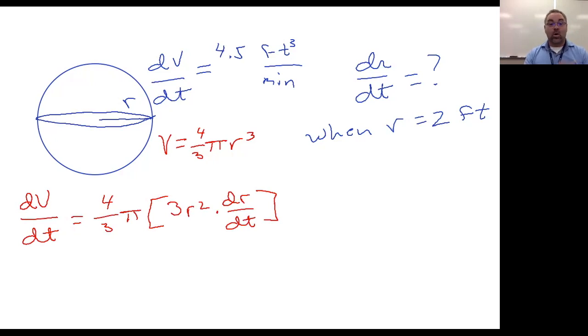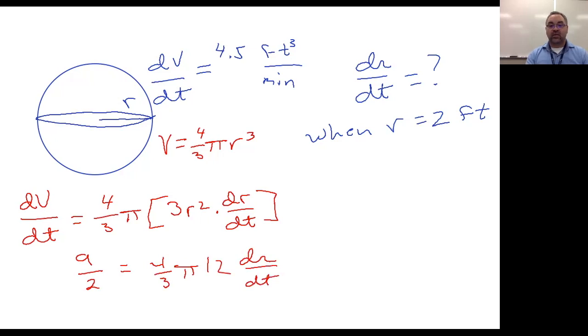Excellent. Notice in this case, dV/dt was given, so that's where the 4.5 or 9/2 is going to go. r is said to be 2 in this case. So I have 4/3 pi times 3 times 2 squared times dr/dt.